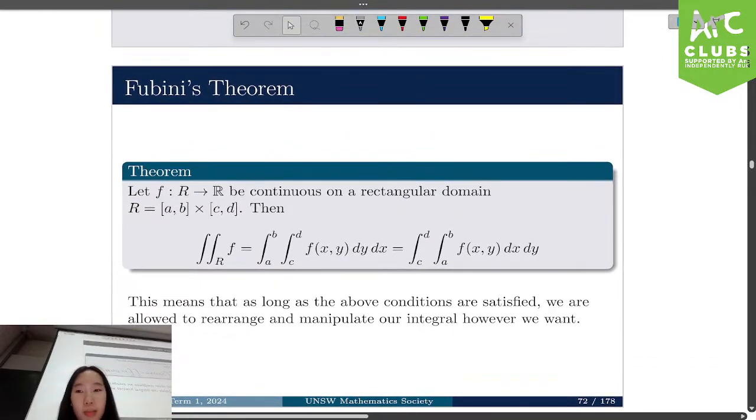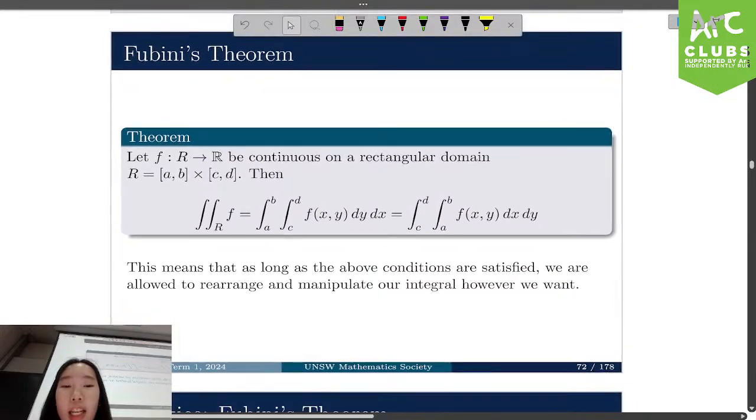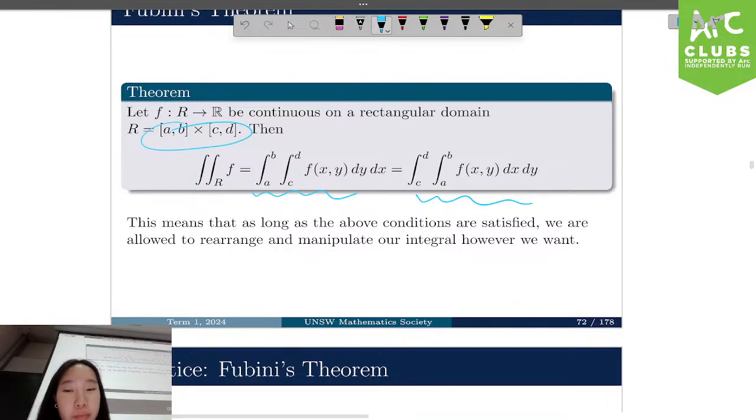Okay, first part, Fubini's theorem. Let f from R² to R be continuous on a rectangular domain R, [a,b] times [c,d]. So we have two integrals here. What I mean by this is that if f is continuous on a rectangular domain, then we can change the sequence of the bounds.